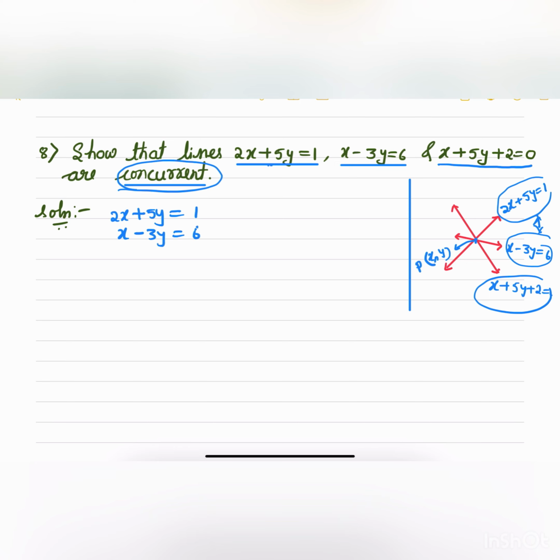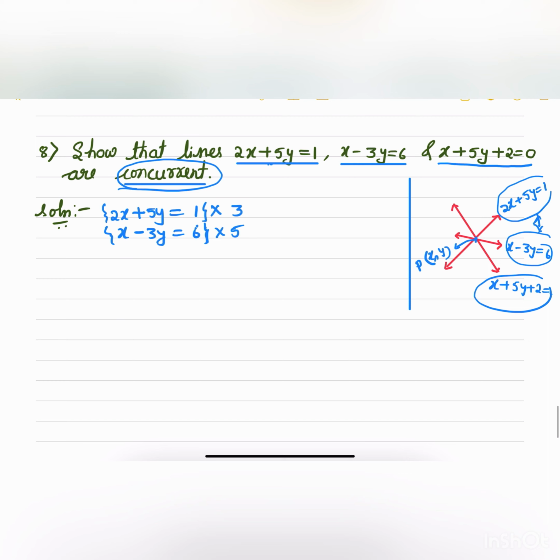So let me multiply this by 3 and this by 5, because I am taking the coefficients of y and interchanging them and multiplying, because for y we have plus and minus, and it is easy to solve. That is 2 threes are 6x plus 15y is equal to 3, and 5x minus 15y is equal to 30.